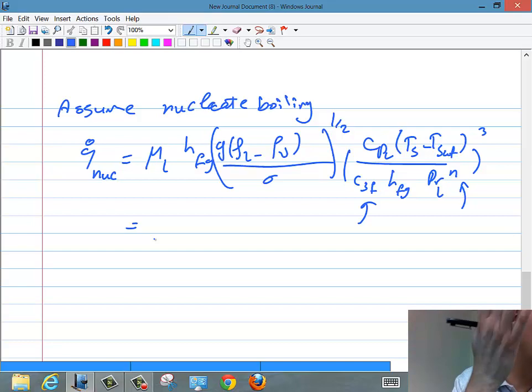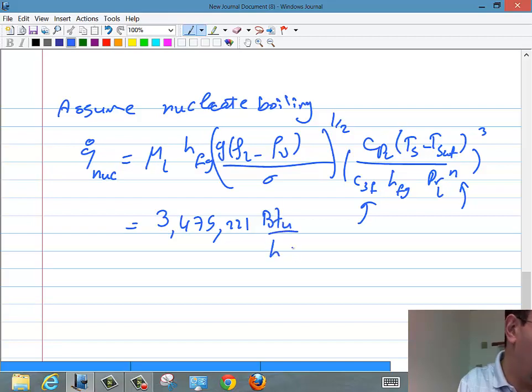If you see inch over inch, then that's okay, for example. So the end result is 3,475,221 BTU per hour feet squared. And so that's the q.